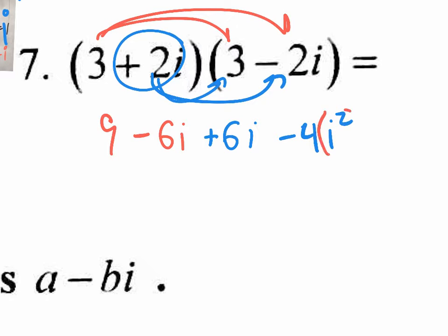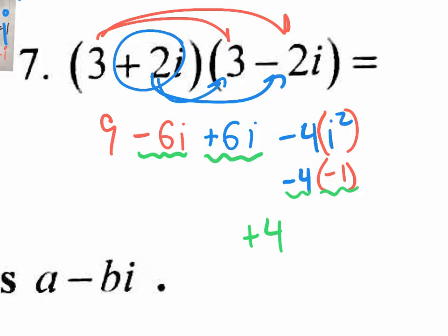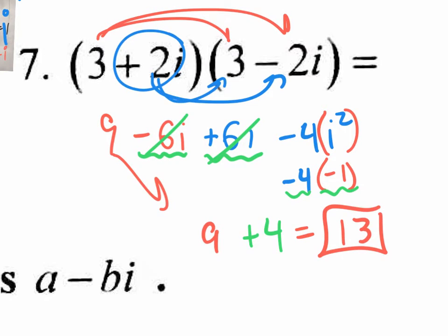We know that i squared is really a negative 1, right? So I really have a negative 4 times negative 1 right there. Might as well do that. What is a negative 4 times a negative 1? That's positive 4. And how about negative 6i plus 6i? Eliminates. Bring down the 9. You have 9 plus 4, which is 13.